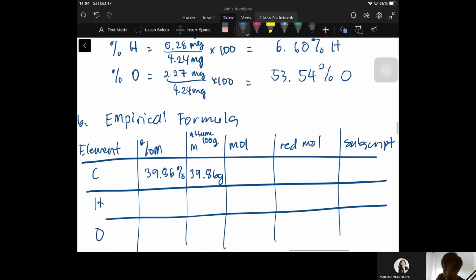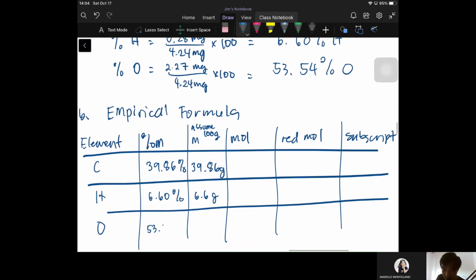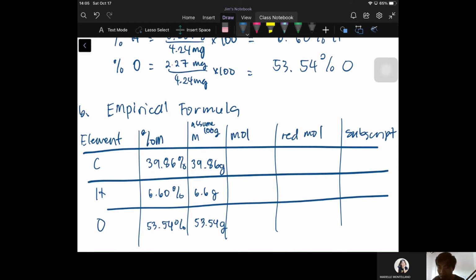So hydrogen, 6.60. So that will be 6.6 grams. And then oxygen, 53.54. That would be 53.54 grams. Ngayon, yung mole naman, that is the mass divided by the atomic mass. So, 39.86 divided by 12.011. This would be 3.31. 3.31 moles for carbon.